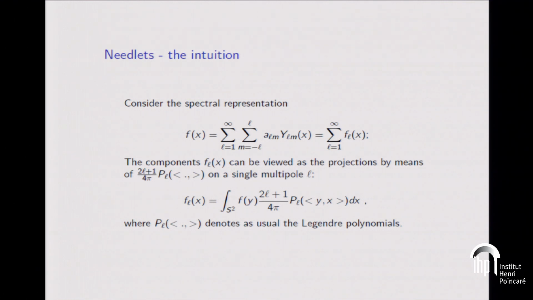You can expand it into spherical harmonics. What does it mean? It means that you can decompose the field into orthogonal components, f_l, which live at different frequencies, at different multipoles. You look at the components that live at different scales. Small l is small multipole, and so large scale.